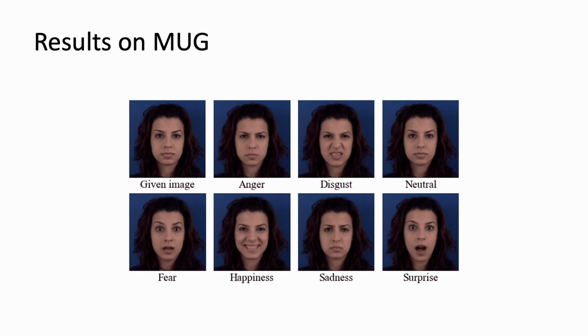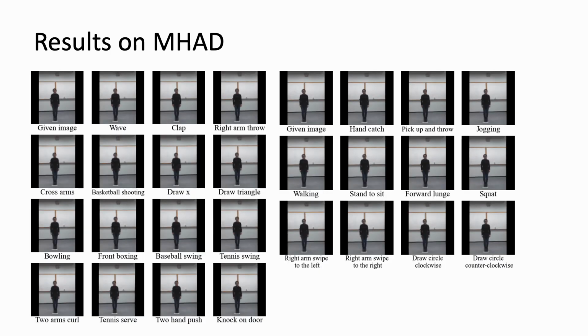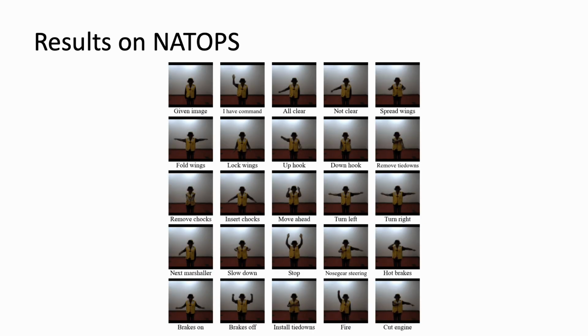This is one generation example on the MUG dataset. This is one example on the MHAD dataset. And this is one generation example on the NATOPS dataset.